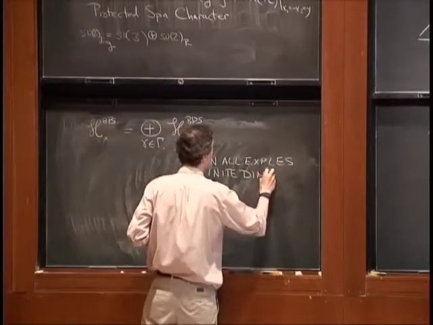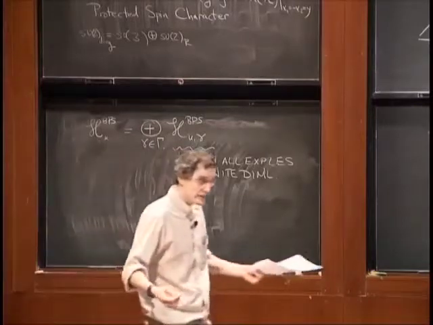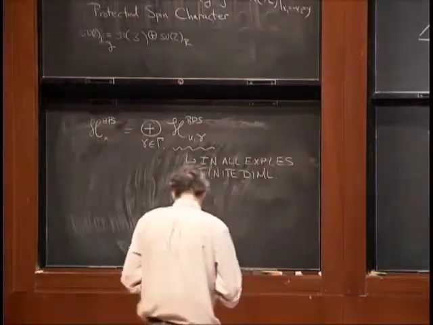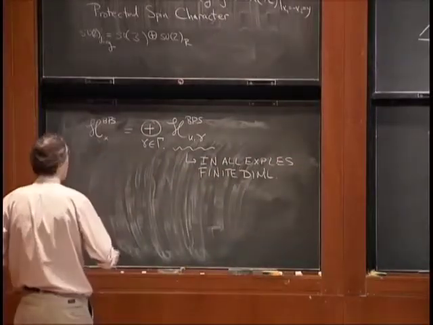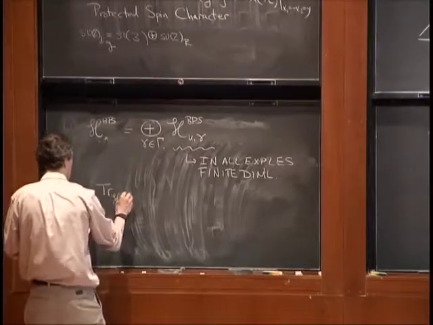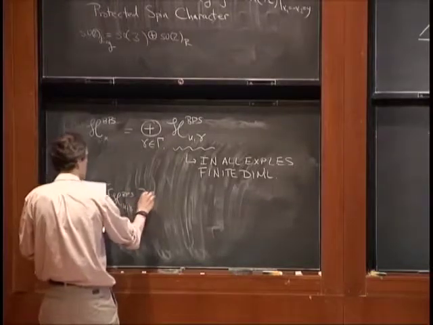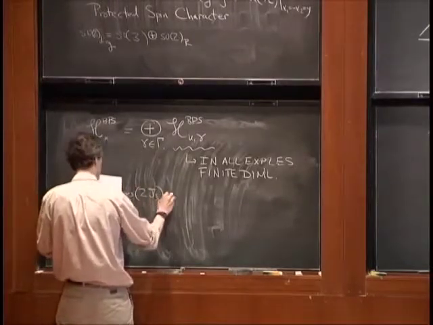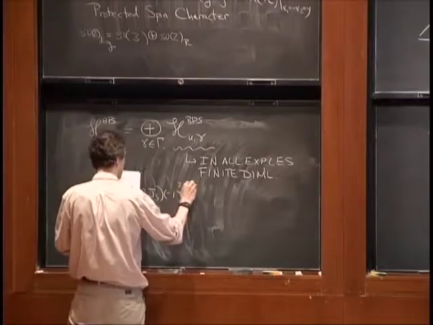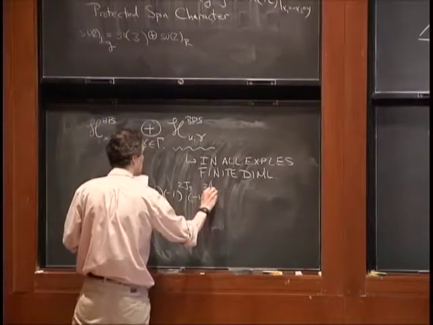If it weren't finite dimensional, the thermodynamics would be pretty sick. But in the examples, it's always finite dimensional, and therefore we can consider the well-defined object, the trace over the BPS space of (2j3 minus 1) to the 2j3 minus y to the 2 curly j3.